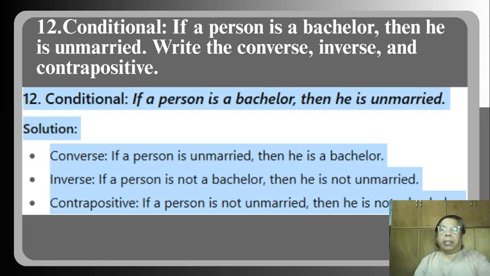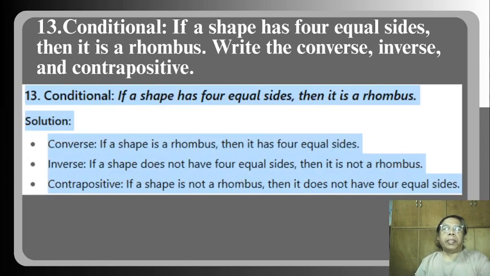Okay, let's continue. Number 13, conditional proposition. If a shape has four equal sides, then it is a rhombus. Write the converse, inverse, and contrapositive. The converse: if a shape is a rhombus, then it has four equal sides.